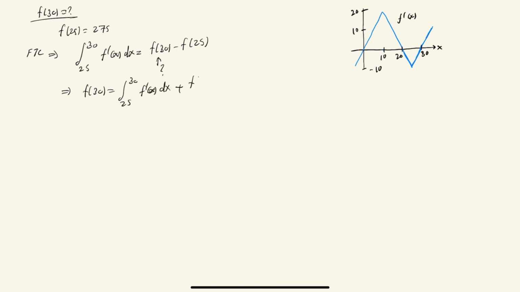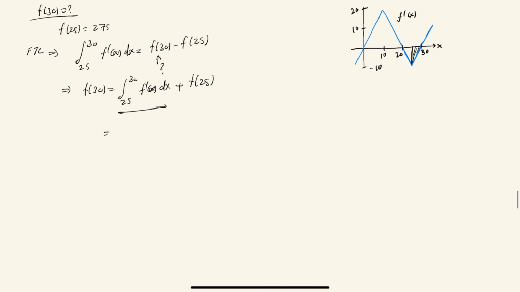Here, the only thing we want to find is just the area under the curve from 25 to 30. And this is going to be this shaded region. Note the area is below the x-axis, therefore the definite integral is going to be the negative of that area. So that's going to be minus half multiplied by 5 multiplied by 10, and then plus 275. That's going to be equal to 250. Therefore, f of 30 is 250.